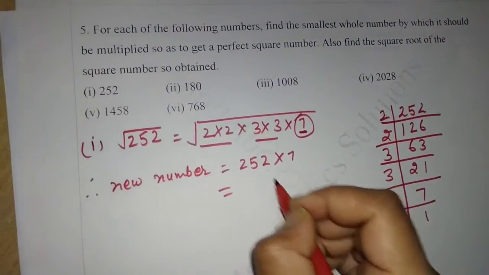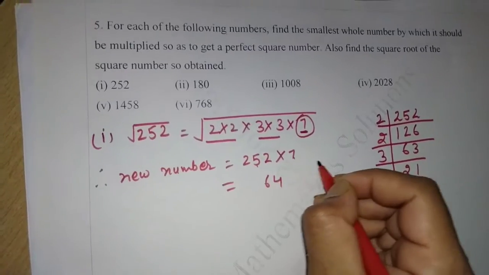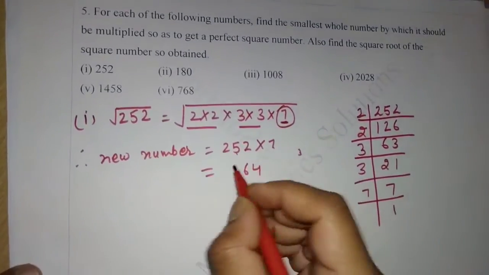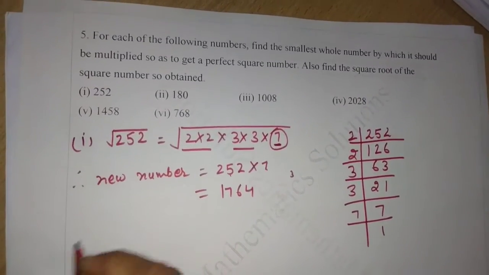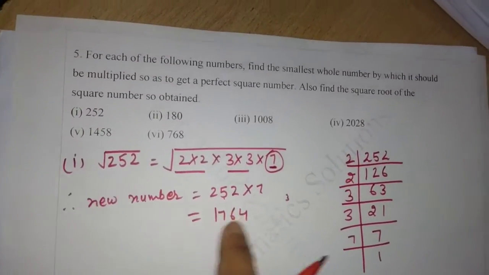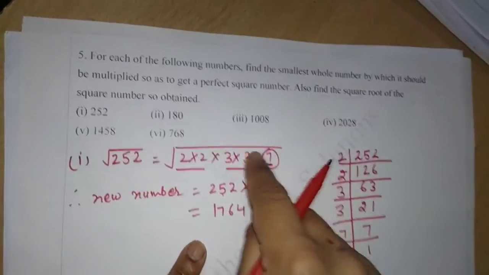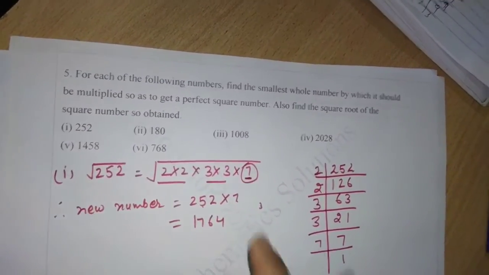So 7 2s are 14, 7 5s are 35 and 1 is 36, 7 2s are 14 and 3 is 17. The new number is 1764. Now we have found the perfect square number by multiplying it with the whole number. Now we have to find the square root of this number as well.